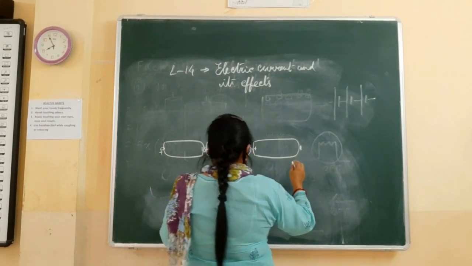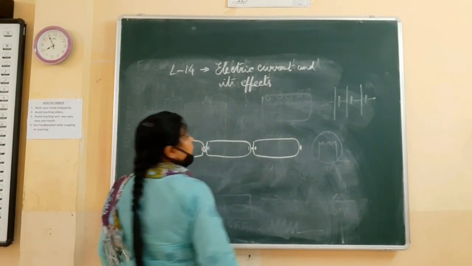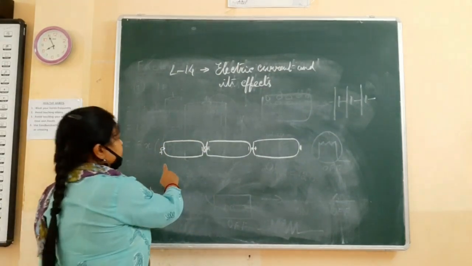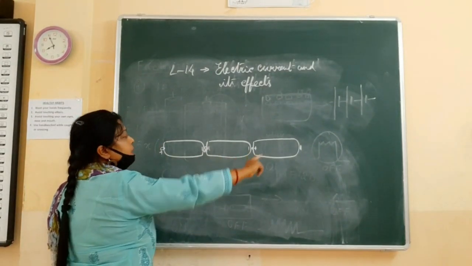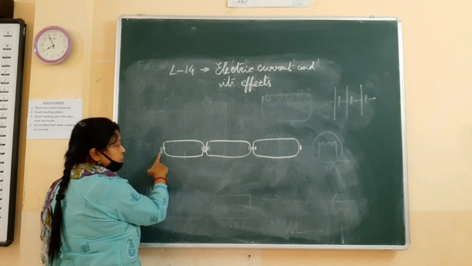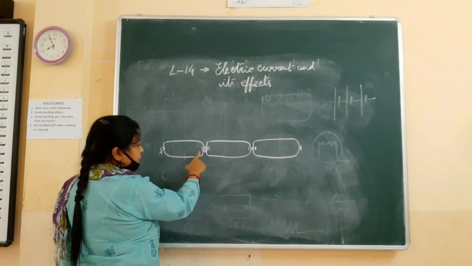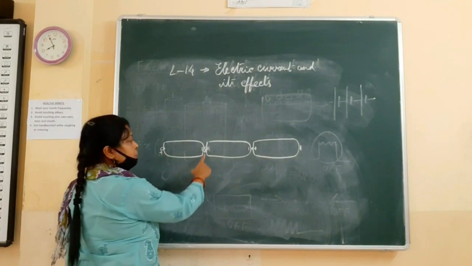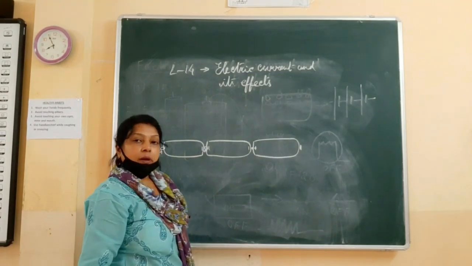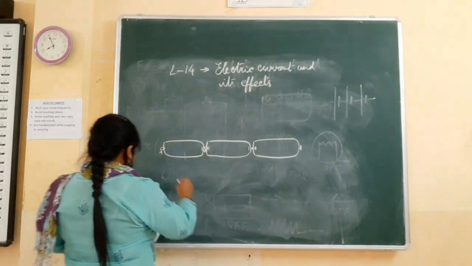A number of cells can be connected in this way. So here it is connected in such a way that the negative terminal of one cell is connected to the positive terminal of another cell.